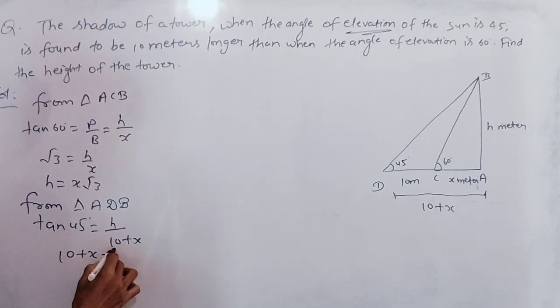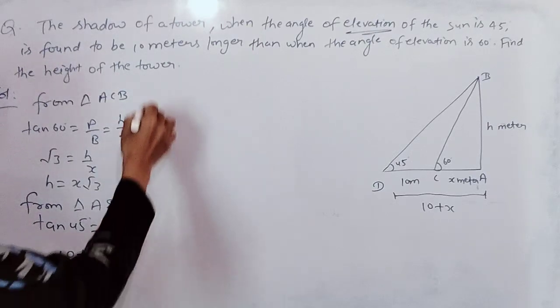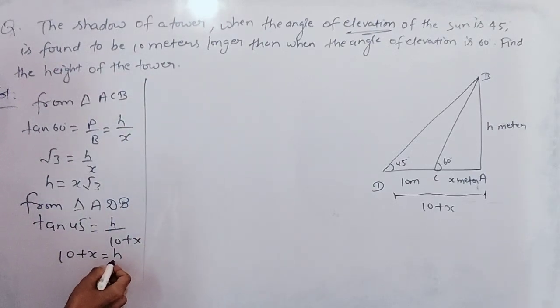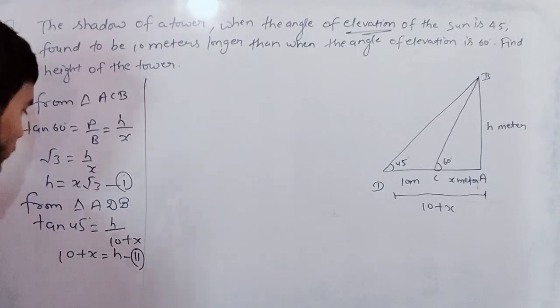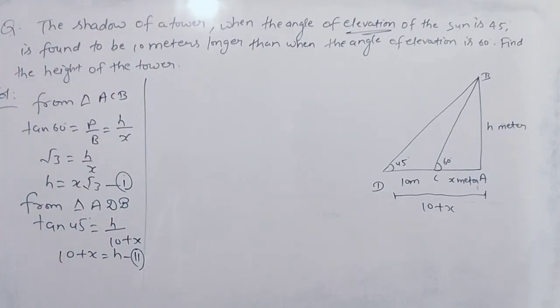So 10 plus x is equal to H. Now here we can see H and H. Let's say this is one equation and this is the second equation. So what is happening? What are we getting?